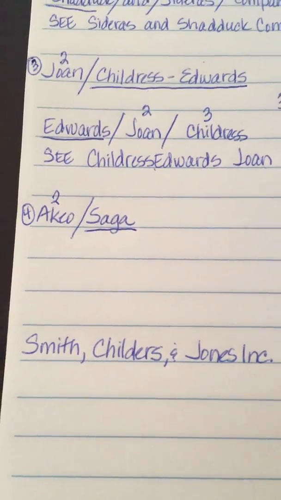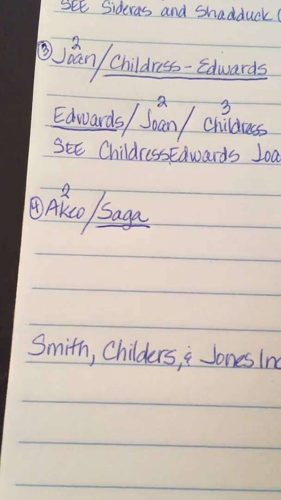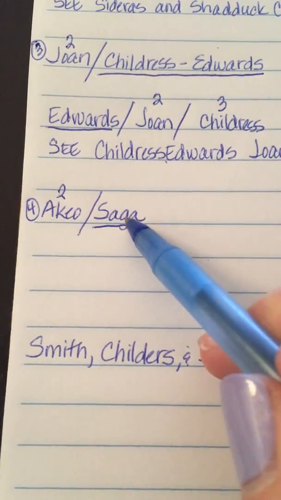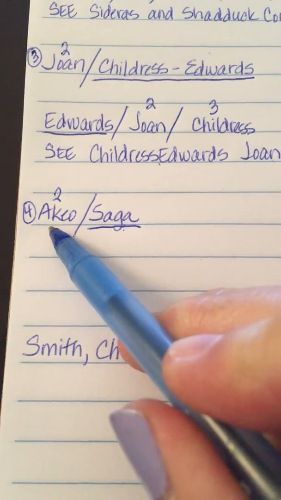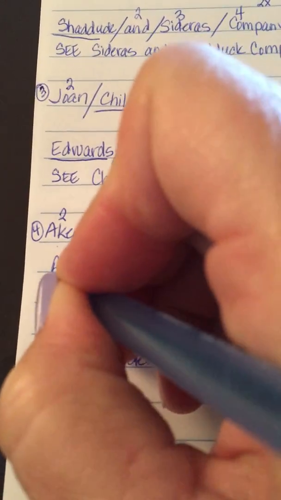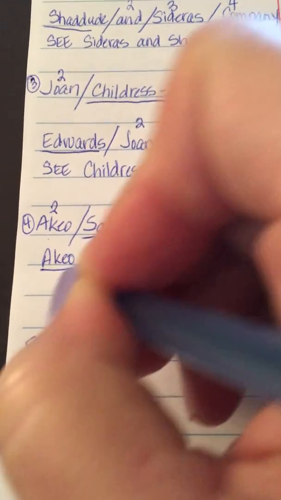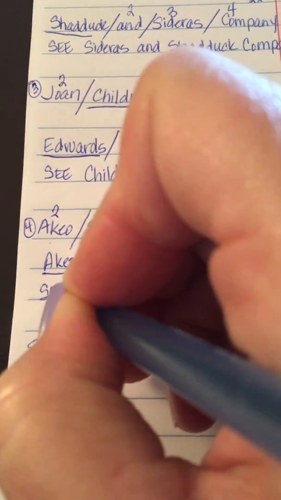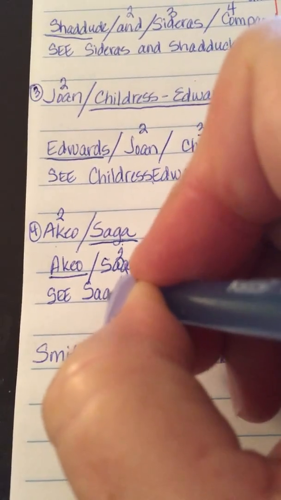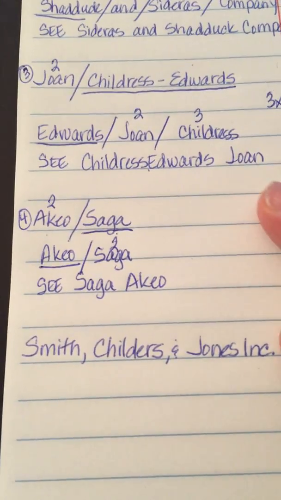But how do we know how it goes in that language? So we're going to create a cross-reference for it. And if Saga was the key unit in the original, we're going to make Akio the key unit in the cross-reference. So Akio's first, and then Saga becomes second. In my C line, I go back to the original coding, and I write it in that order. That's a weird one, okay?